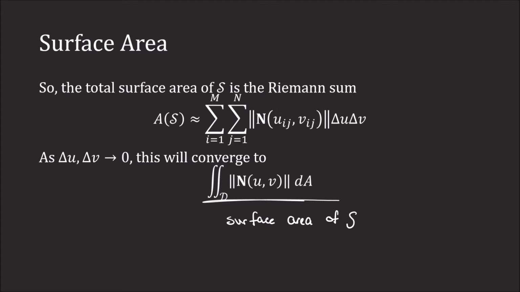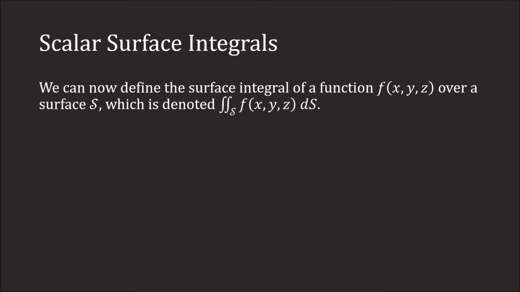Now, all of that was preliminary work. Now we can define the surface integral, and we begin with a function. This is represented as the double integral over the surface S of f of xyz dS.